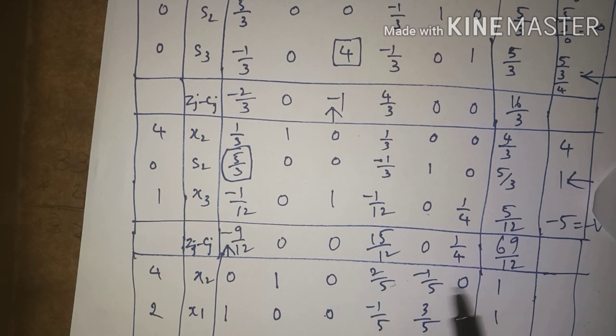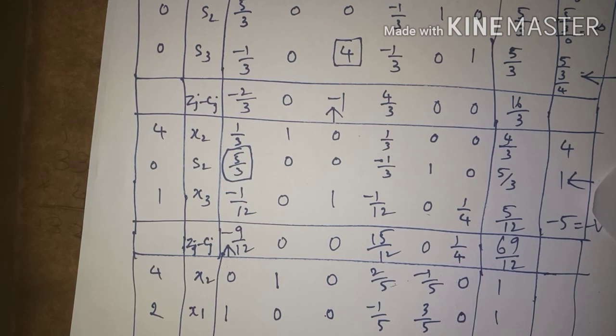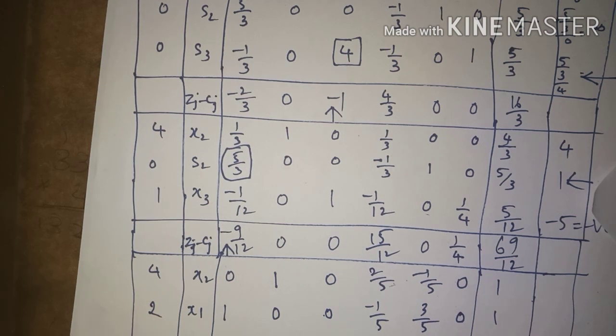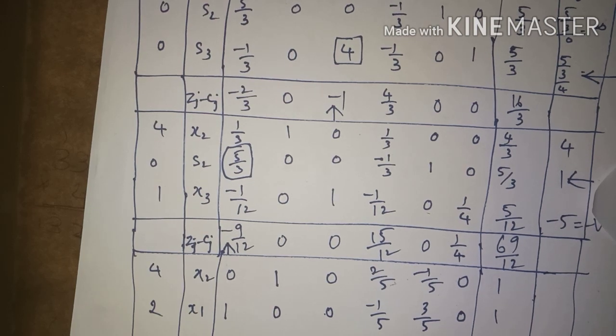Now here 4 into 0, 2 into 0, 1 by 4 minus 0, 1 by 4. Now we will calculate 4 into 1, 4, plus 2 into 1, 2, plus 1 into 1 by 2. How much we will get? 4 plus 2 is 6. 6 plus 1 by 2 is 13 by 2.